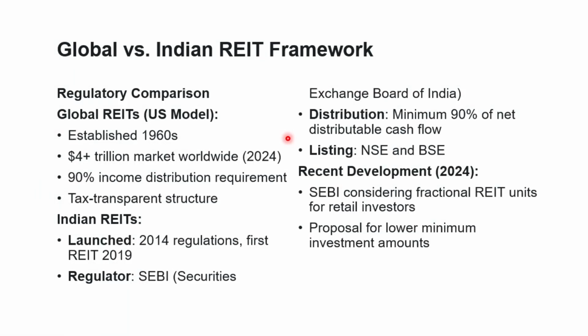So that is the REIT structure, a 3-tier structure in India. We have the listed entity, and these REITs are holding these properties under special purpose vehicles. Different projects might be there under a REIT.